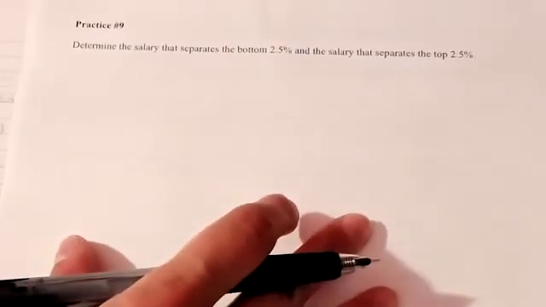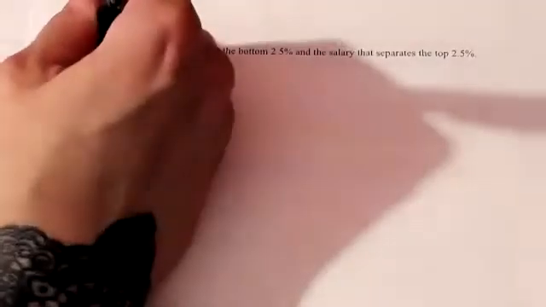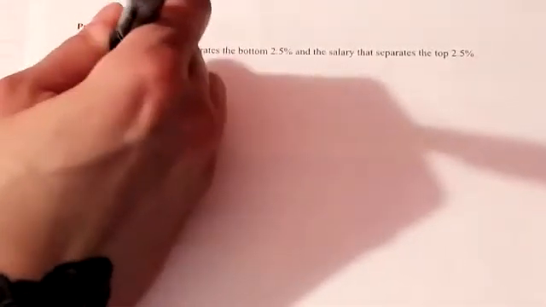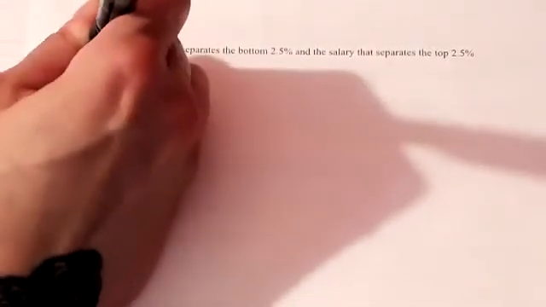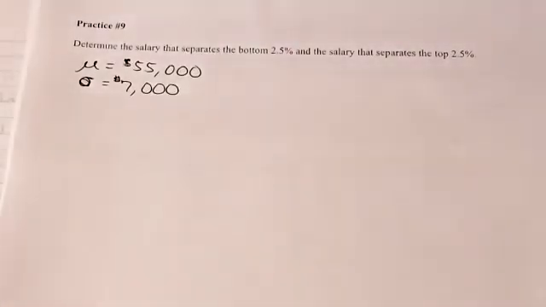Keep in mind that you are still using the mean and the standard deviation from the previous problem. I'm just going to write it here again for you. We're going to use the exact same values. And you're going to figure out the salary that separates the bottom 2.5% from the salary that separates the top 2.5%. All right. I would love for you to take this home with you.